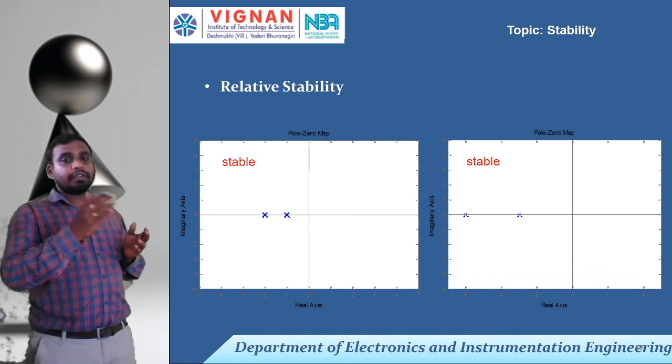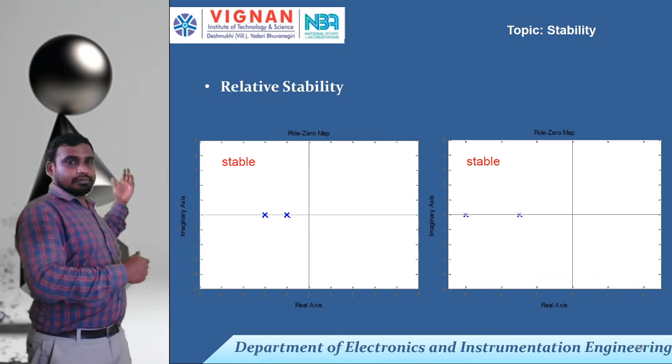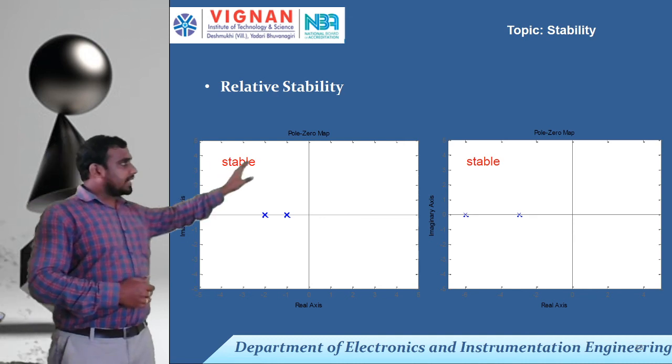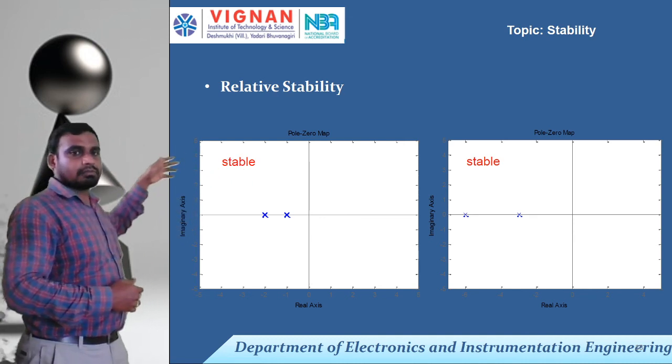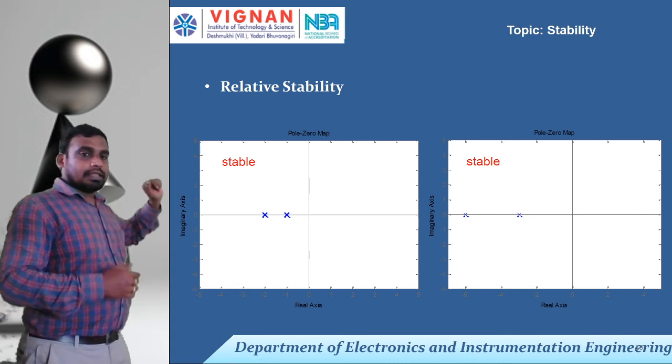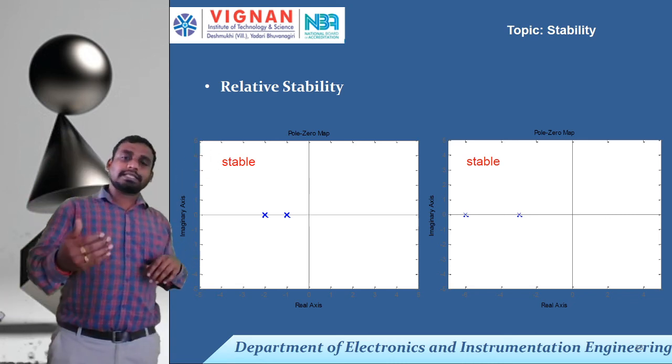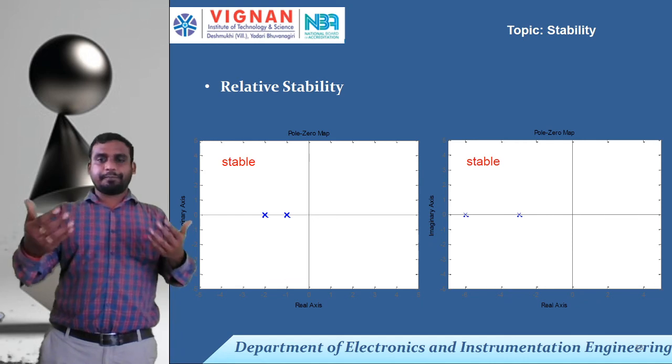Compare it to the pole lying away from the origin. If you consider a pole infinitely far from the origin, then the time taken for the system to respond will be high.